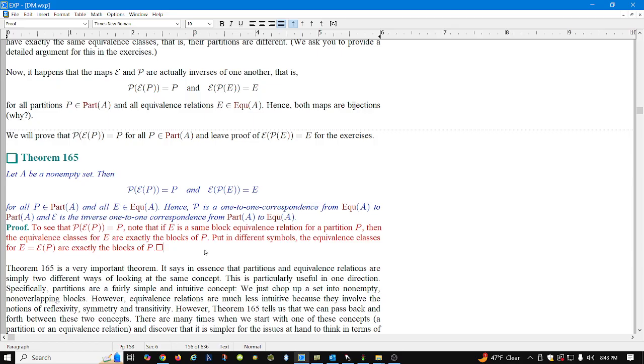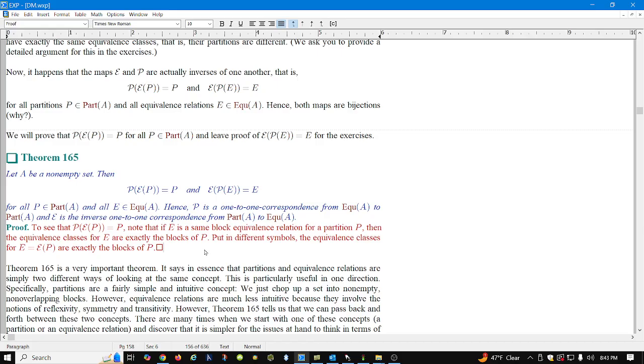They're the blocks of P. Two elements are equivalent if and only if they're in the same block. So if you take an element little a, which equivalence class is it in? The set of all elements equivalent to a. In other words, the set of all elements in the same block as a.